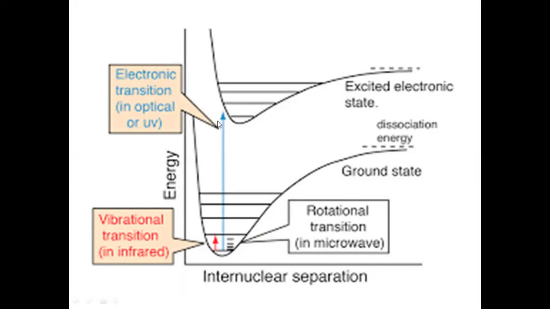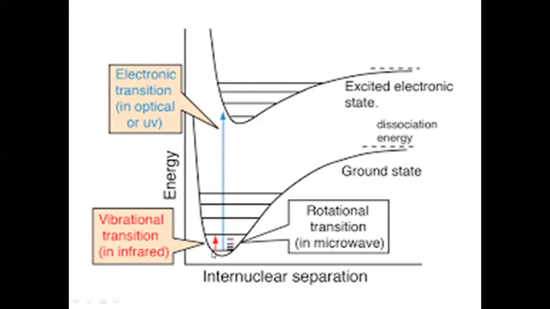So electronic energy change is also accompanied by vibrational as well as rotational energy change within the molecule, and this is what is seen in case of UV. But in case of IR, as the radiation has low energy, it is just going to cause a change in the vibrational energy of the molecule.